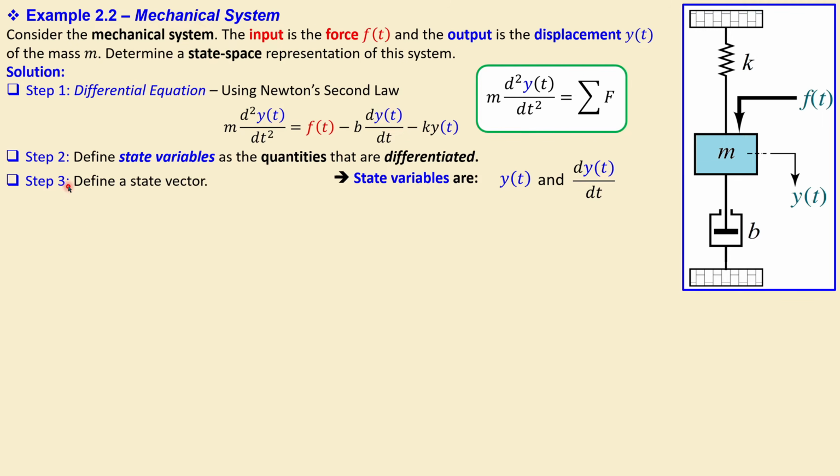Now step 3 is to define that vector. Now we said x is the first state variable, and the second one is the time derivative of that one. So we have again two elements in that state vector. Now the time derivative of that one is x dot, and you then differentiate this, and you also differentiate this one. That's actually the second derivative. Why do we do that?